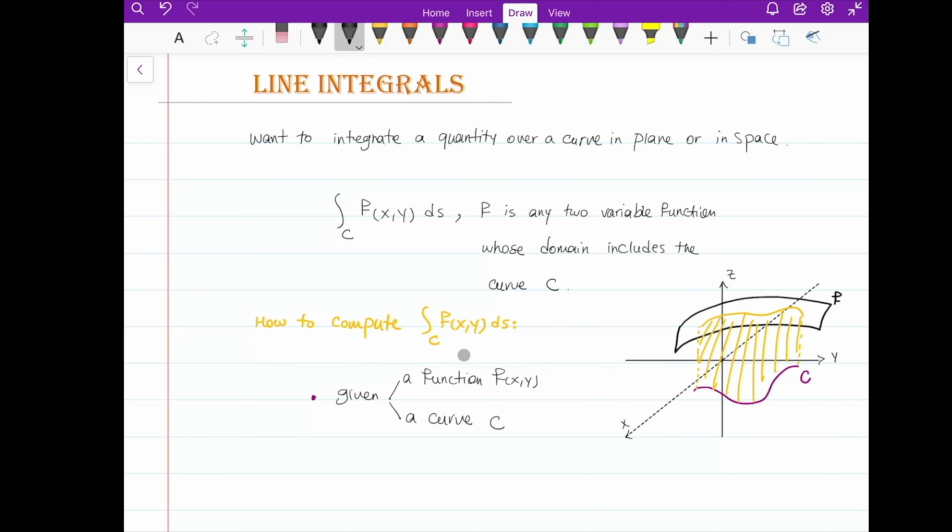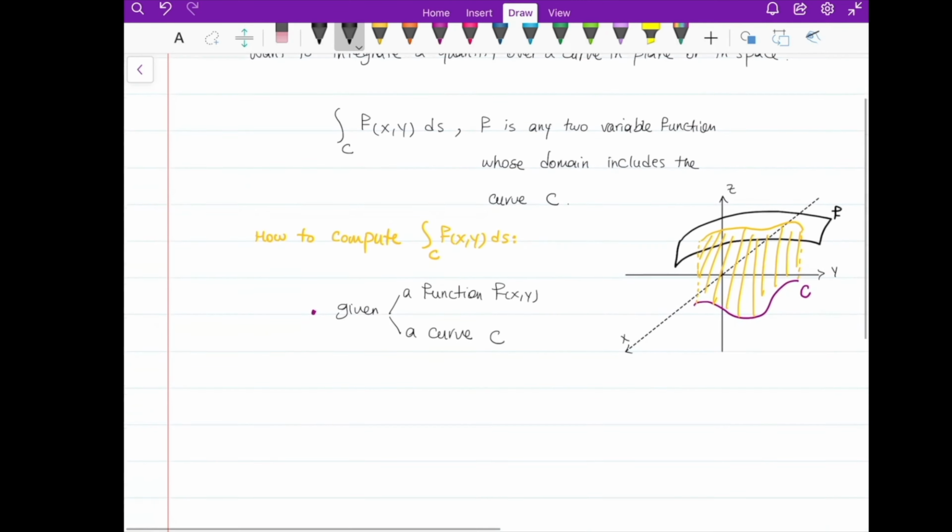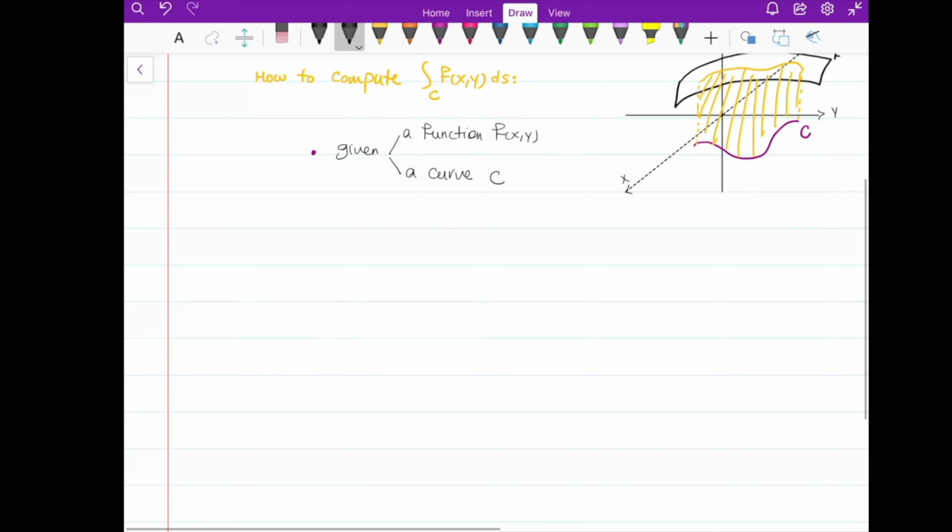Okay, so let me just basically explain what we have. Just assume that we have the curve C in the plane. Everything would be similar for a curve C in space, but let me start with the curve C in the plane. So I'm going to graph it. This is the x-axis, this is the y-axis.